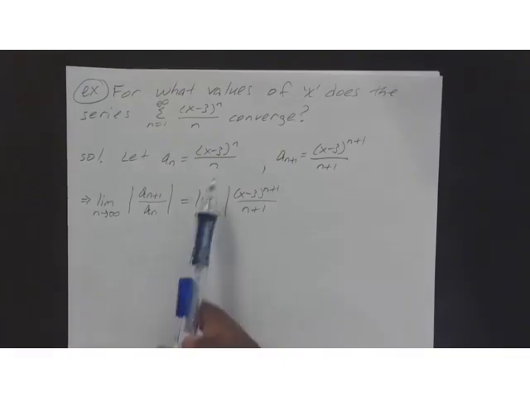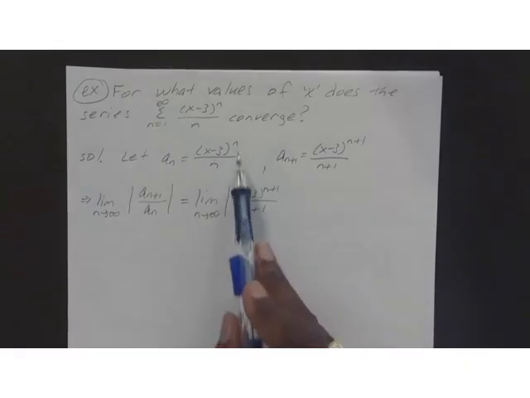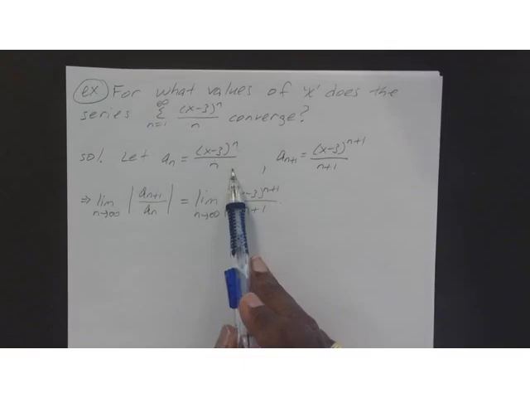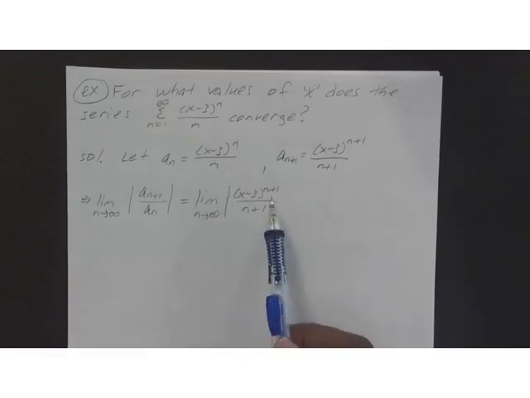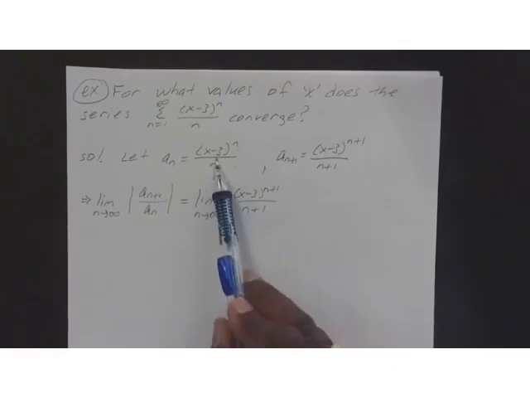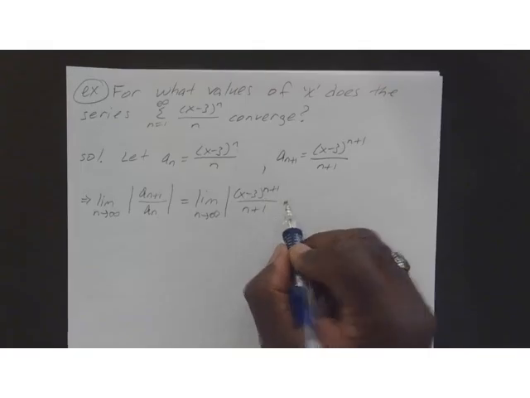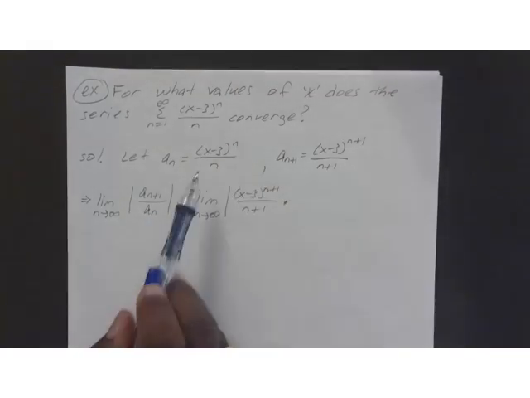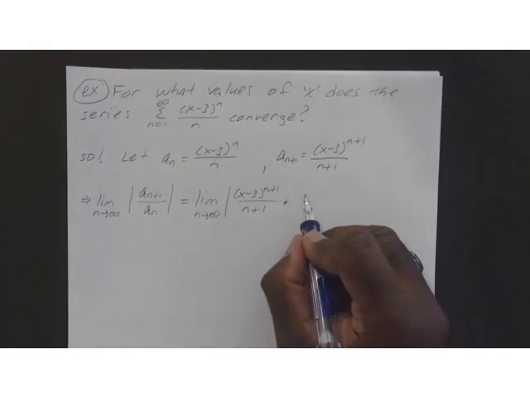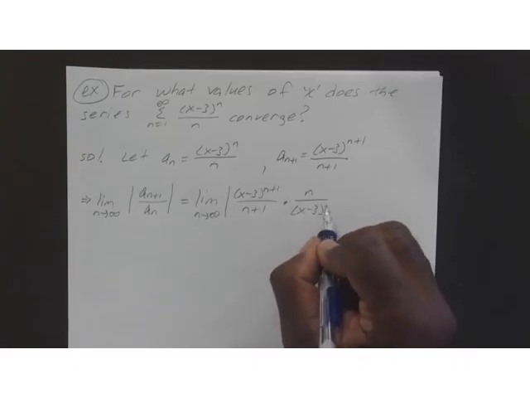So it's divided by a sub n, but we can take that division, change it to multiplication, and then we just flip the second fraction. So instead of a sub n plus 1 divided by a sub n, we get a sub n plus 1 times, and then we take the reciprocal of our a sub n. So that gives us n divided by x minus 3 to the power of n.